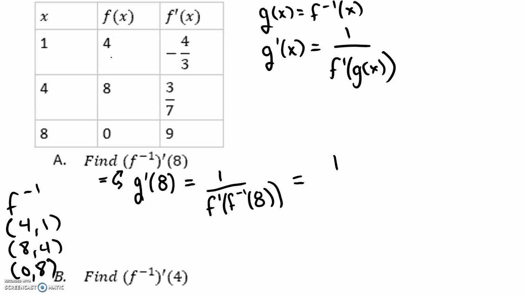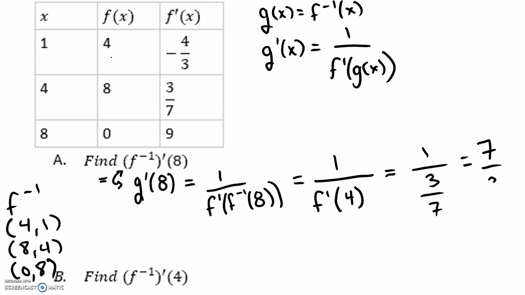So when we're looking at the composition of the derivative and the inverse at the point 8, the inverse at the point 8 is 4. So then we look at the derivative at 4, and we've got 3 over 7. Multiply by the reciprocal, you're going to end up with 7/3. Down here, we apply our rule.